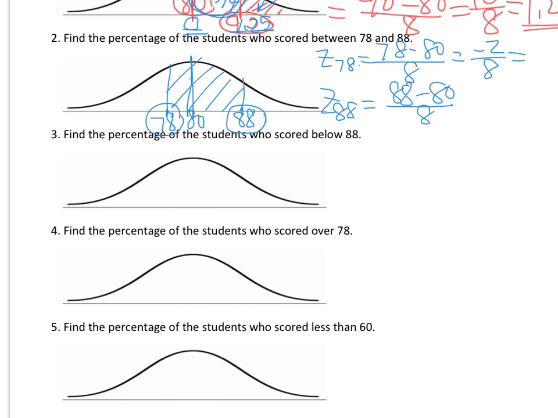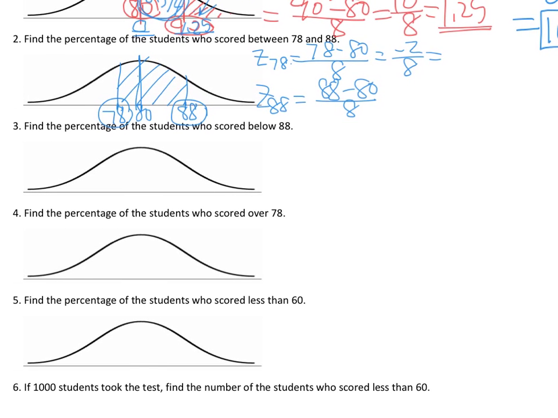That's going to be negative 0.25, right? And this is going to be 8 over 8, which is 1. So first step, we completed our normal curve, the diagram. Second step, we find the z-score. And the third step, we're going to go to the table, look up the z-scores of 0.25 and 1.